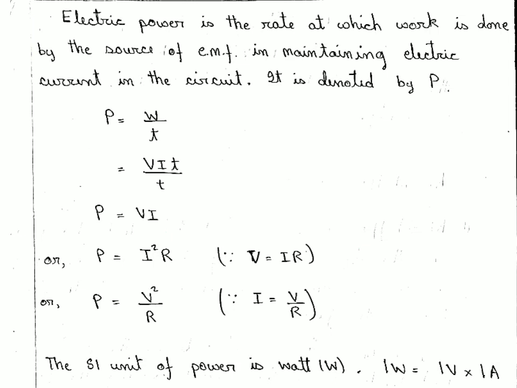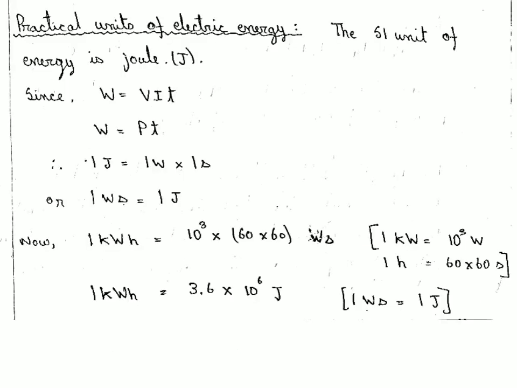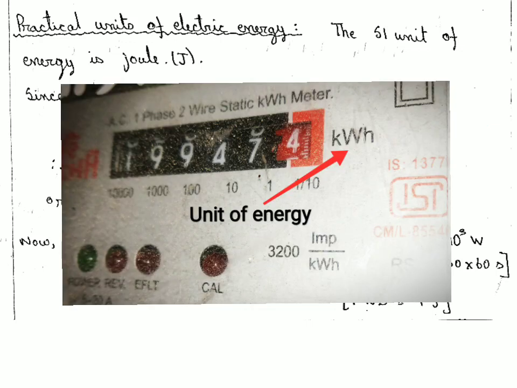Now there are other units of energy which we use in our day-to-day life. This is known as the practical units of electric energy, and you can see these in the electrical appliances or in your meter box also, and that energy is kilowatt hour.